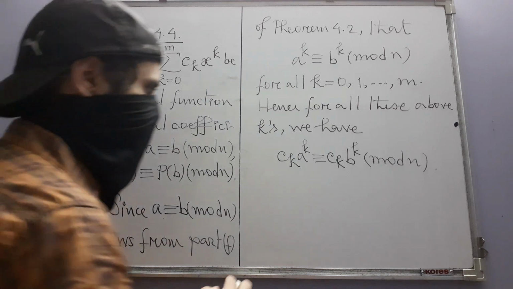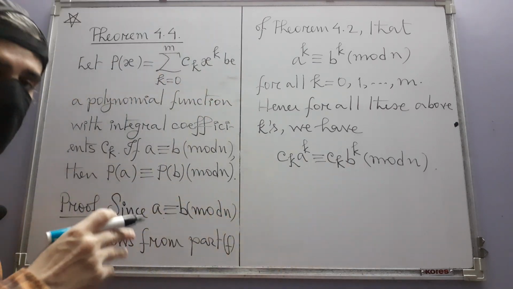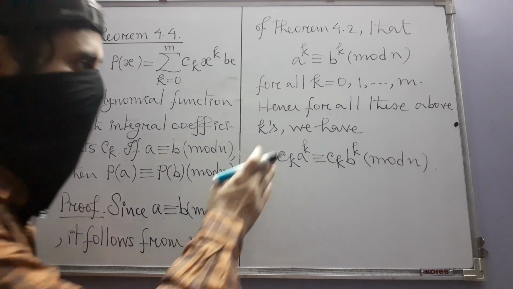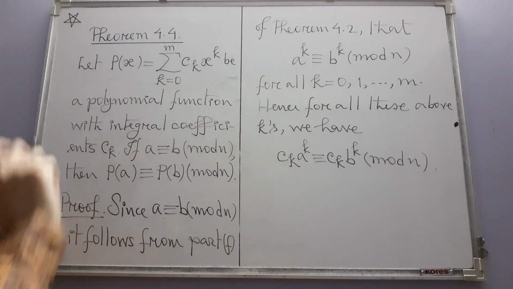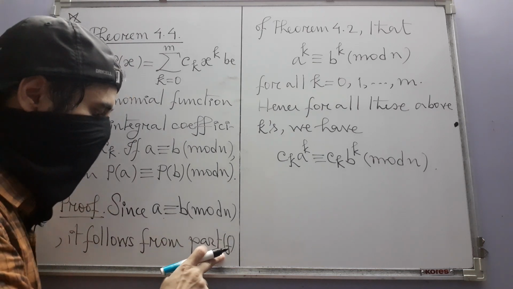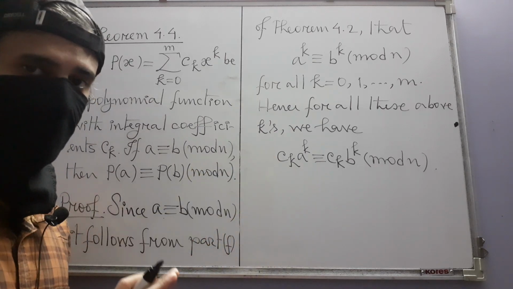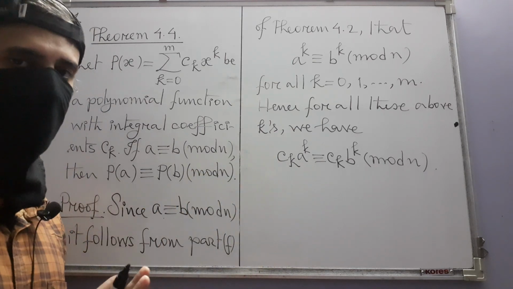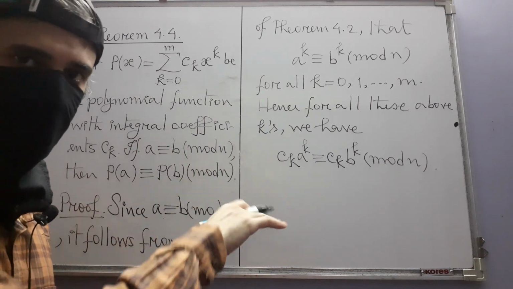Now you just add all of these congruences. That also follows from one of the parts of theorem 4.2. Just like here we have mentioned part F, the other uses of the other parts of the theorem have not been mentioned explicitly, but it's understood which parts we are using at which step.